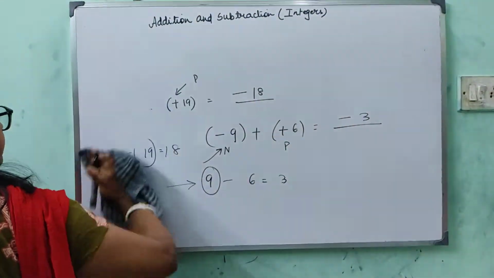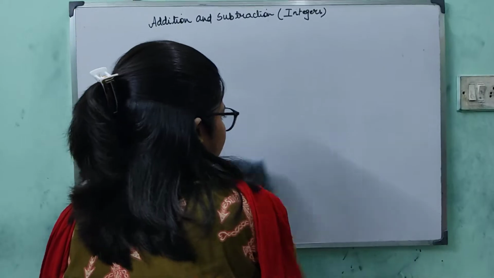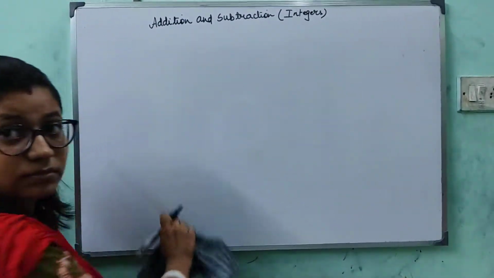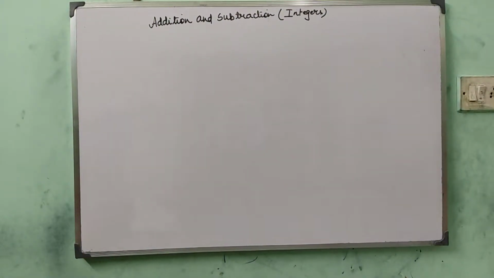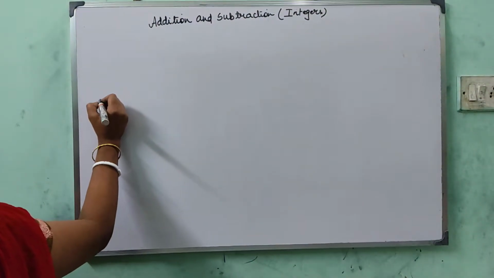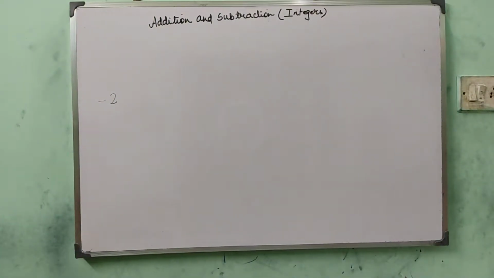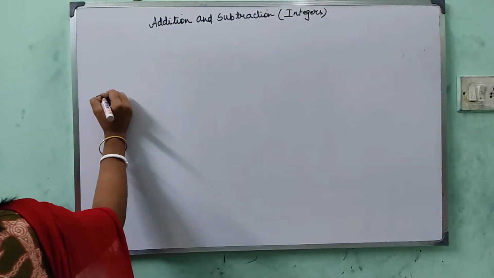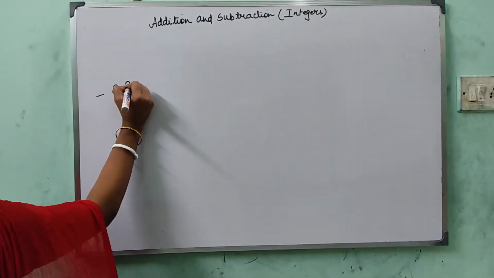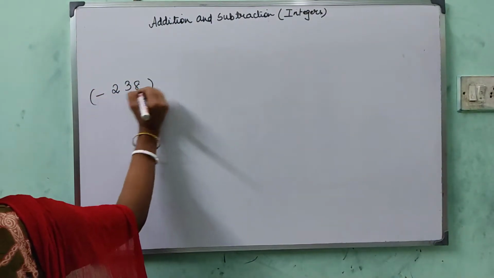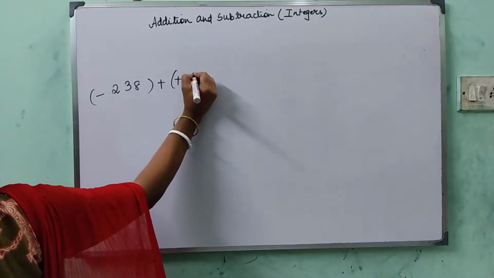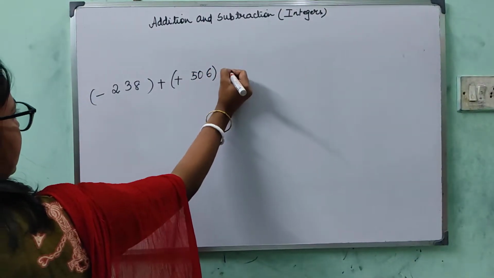Let's see. A little more on that. Minus 200 minus 238 plus 506.